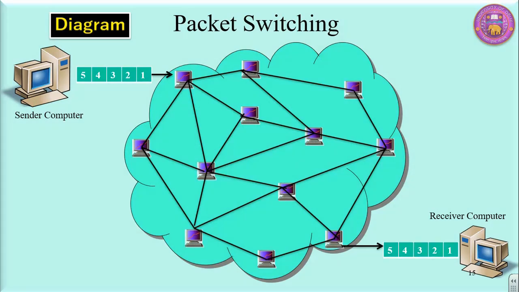Look at one more example. In this particular case, the sender computer intends to transmit 5 different packets. The whole message is divided into 5 different packets and the sender computer intends to transmit all 5 packets. These packets will follow different paths.